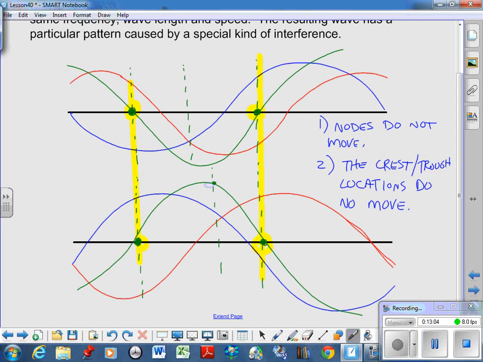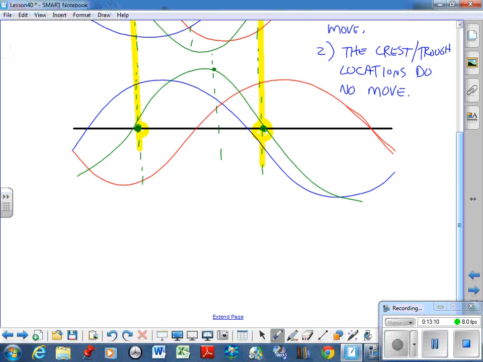Now it becomes a crest, so they don't move as well. They remain in the same location. And the third point that I want to make note of is that standing waves create super crests and super troughs.